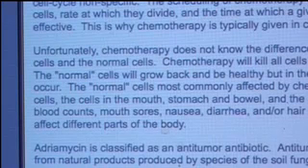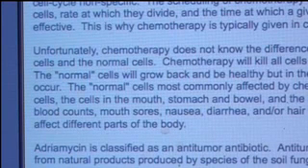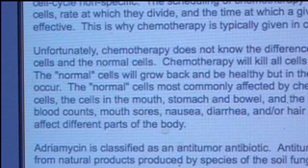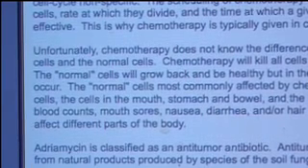And as I said before, it kills the immune system. Chemotherapy will kill all cells that are rapidly dividing. The normal cells will grow back and be healthy, but in the meantime, all of the side effects will occur. The normal cells most commonly affected by chemotherapy are the blood cells. Now let me show you some of the side effects that are caused because of this.